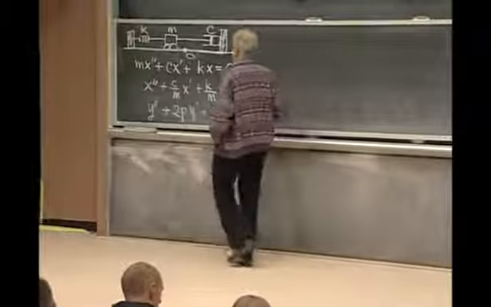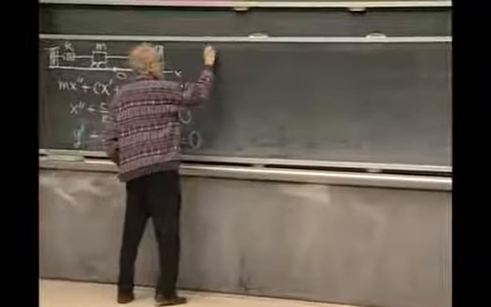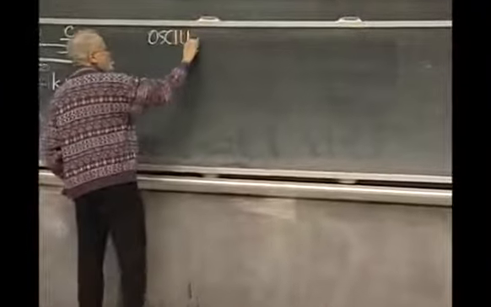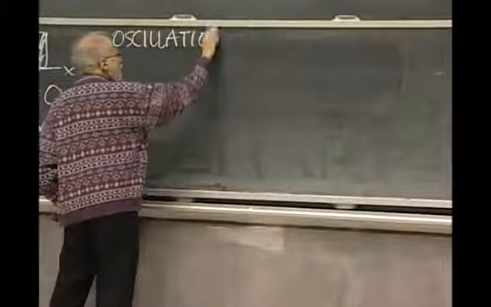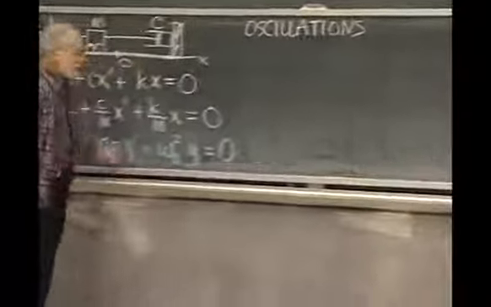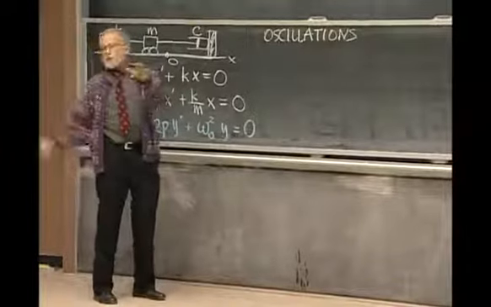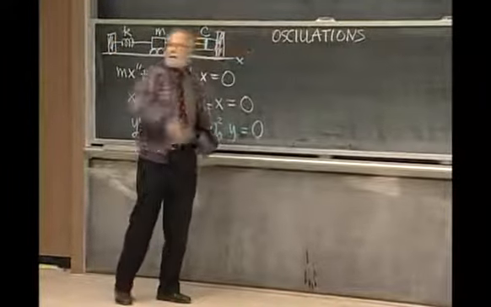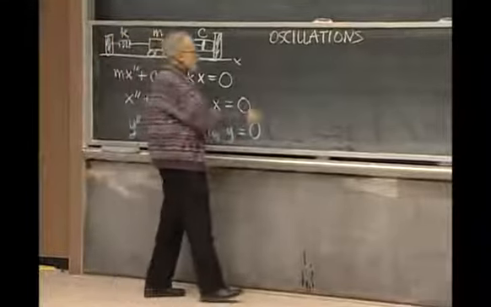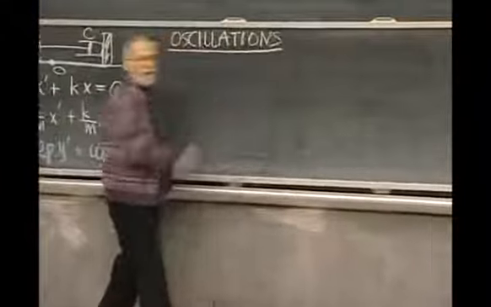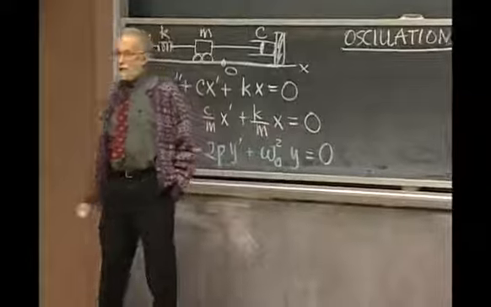Okay, now we're interested in the case where there's oscillations. In other words, I only care about the case in which this has complex roots, because if it has just real roots, that's the overdamped case. I don't get any oscillations. Oscillation is by far the more important of the two cases.